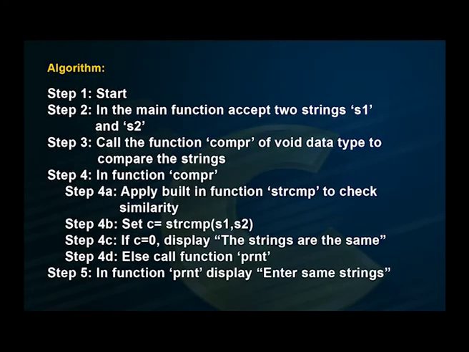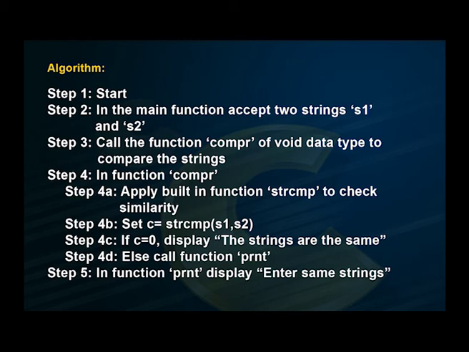Let us first go through the algorithm. Step 1, start. Step 2, in the main function accept two strings s1 and s2. Step 3, call the function compr of void data type to compare the strings. Step 4, in function compr: step 4a, apply the built-in function strcmp to check similarity.